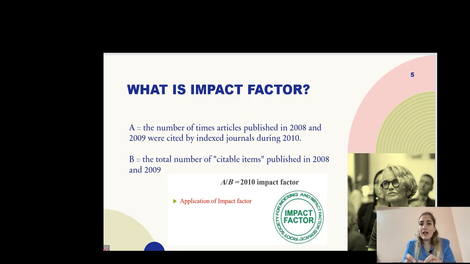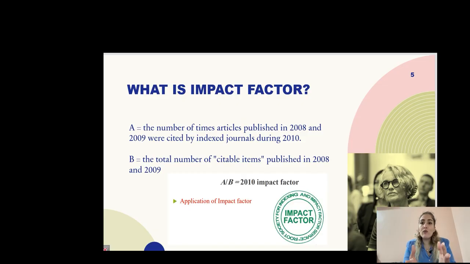So when the impact factor is 2, it means the papers from those 2 years were cited 2 times more than the whole number of papers the journal published.